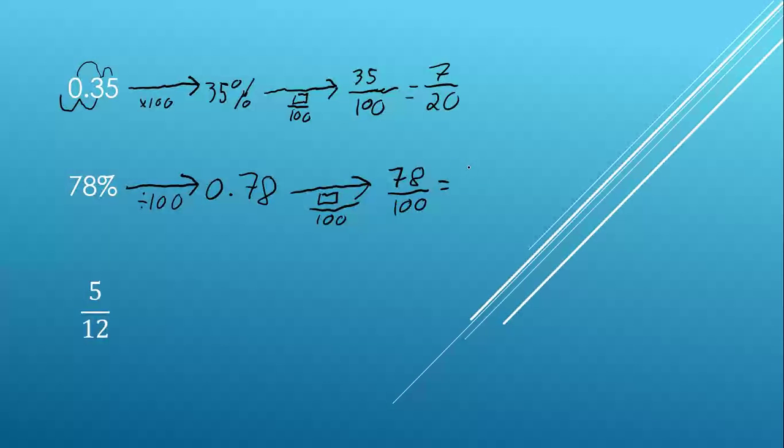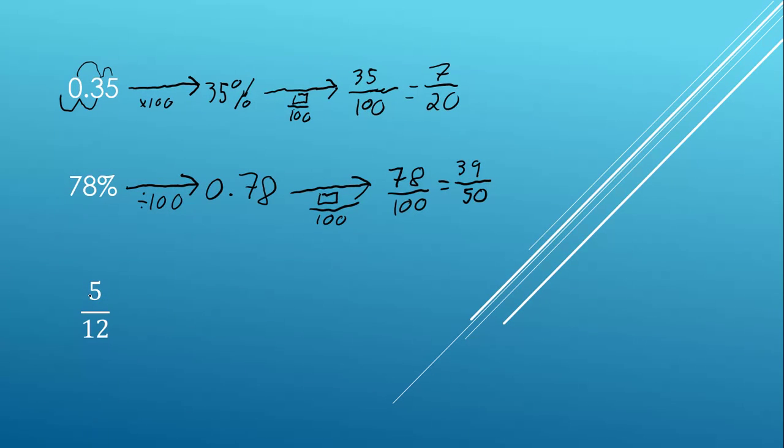If we halve that, we get 39 over 50. And I don't believe we can simplify that any further, so I'm going to leave that as 39 over 50.